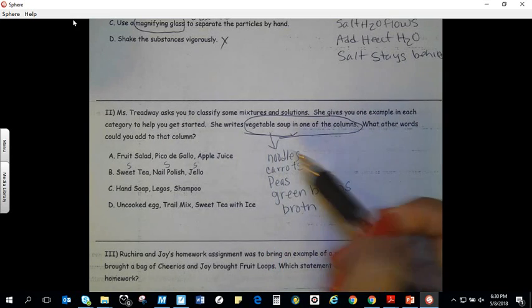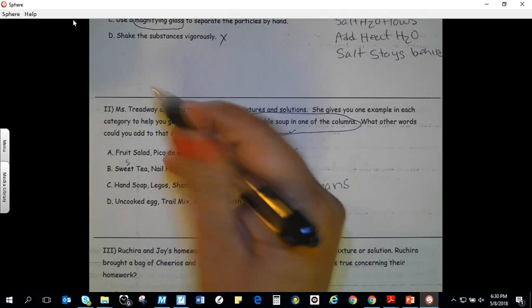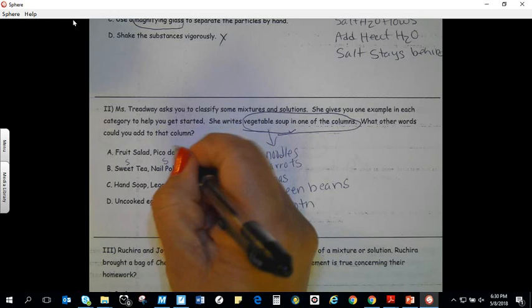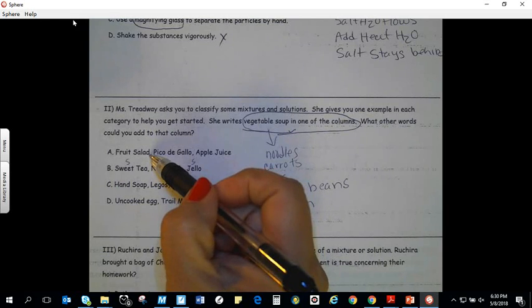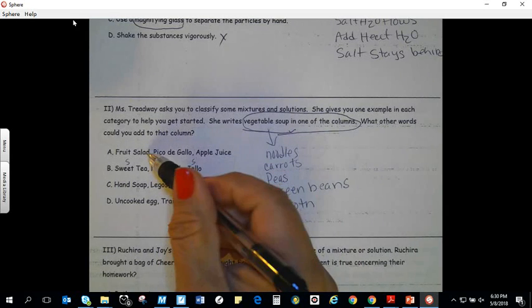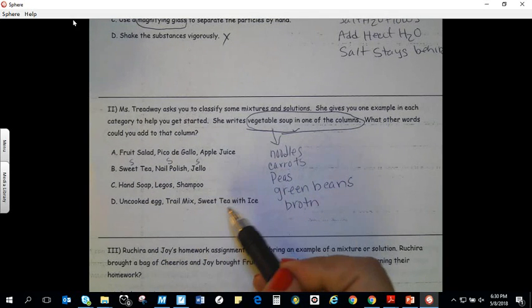So which one is this? Fruit salad, pico de gallo, apple juice. Pico de gallo is a mixture, but think of it as all blended together. Fruit salad can be easily picked out. Uncooked egg, trail mix, sweet tea with ice.